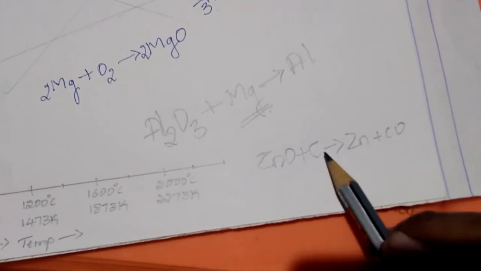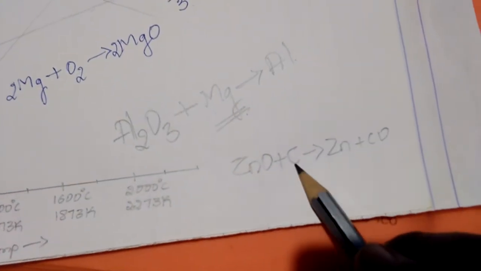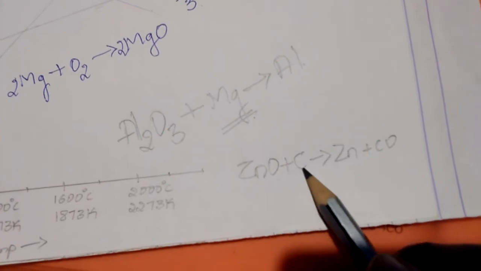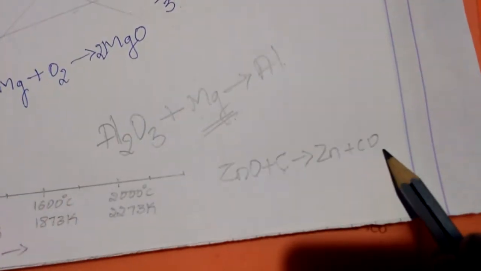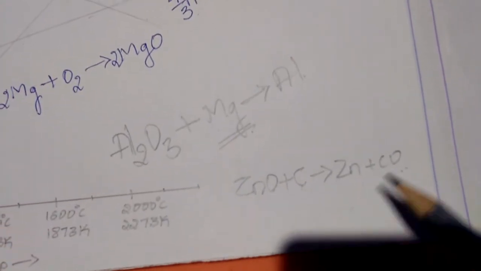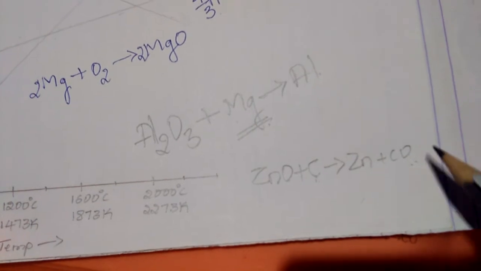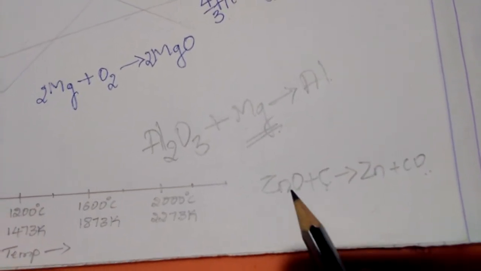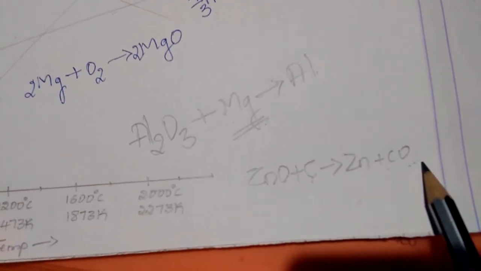So why is this spontaneous? Because carbon at higher temperatures can take oxygen to form carbon monoxide, so its entropy is increasing. Formation of carbon monoxide from coke is more spontaneous than formation of zinc oxide from zinc. So that is why the reaction is reversed.